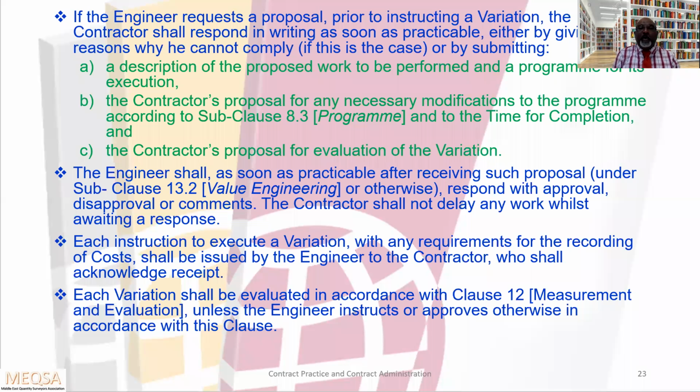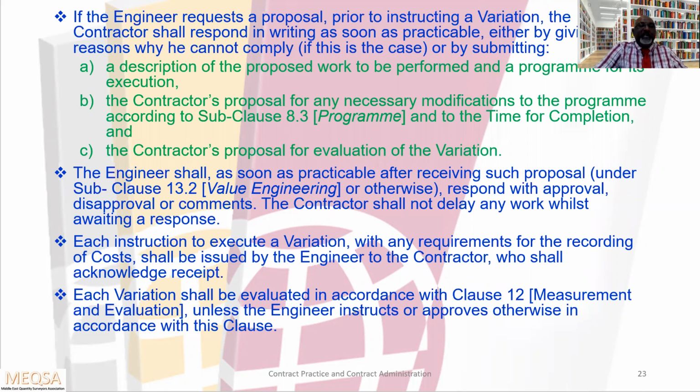B, the contractor's proposal for any necessary modifications to the program according to subclause 8.3 and to the time for completion. C, the contractor's proposal for evaluation of the variation. So these 3 he will include in his response in writing.